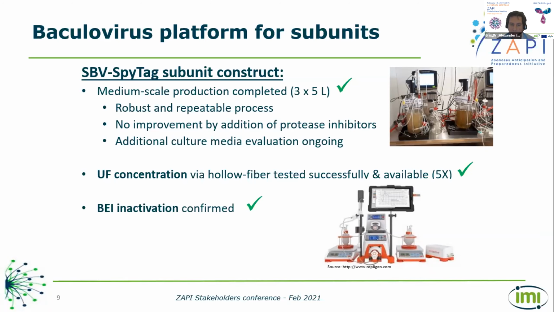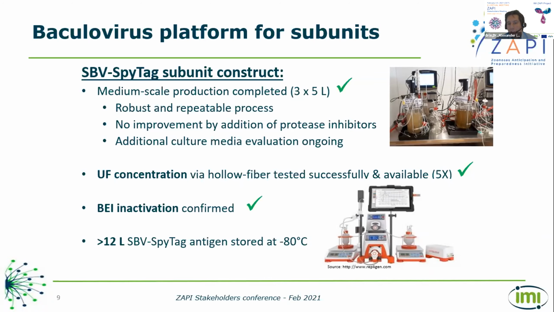Next bullet point. Since this is a baculovirus process, we also have to inactivate the baculovirus that is still in the broth. That is usually done by binary ethylenimine, BEI. That also worked and was confirmed. Next slide.